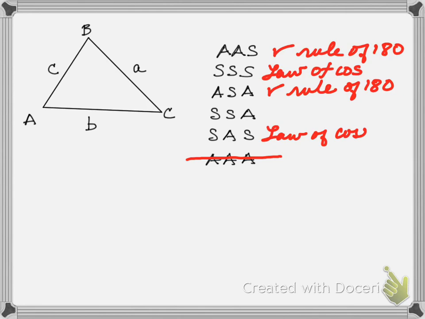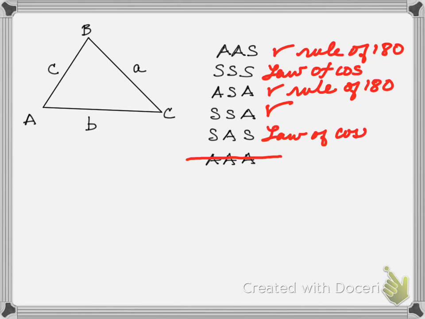We have this nice easy piece of information we can get here using the rule of 180 if we have been given 2 angles. We know that we have to use law of cosines for a couple of these if we're going to solve them. And then, of course, this one we're going to be able to do with the law of sines as well, the SSA.